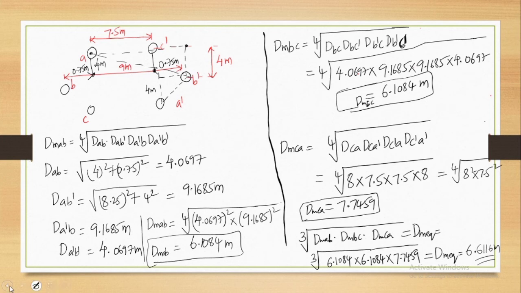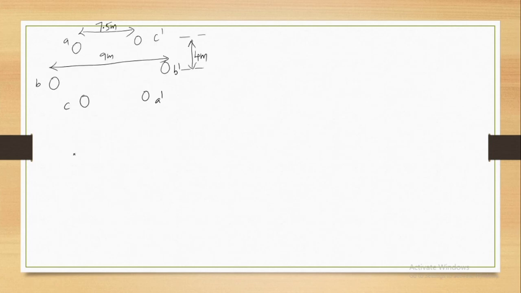If you want to find DS equivalent, just draw the same figure. How can I first find the geometric mean radius of A phase? A phase has how many conductors? Two conductors. So the geometric mean radius is actually the n squared root of n square distances, so it is the fourth root of 4 distances.